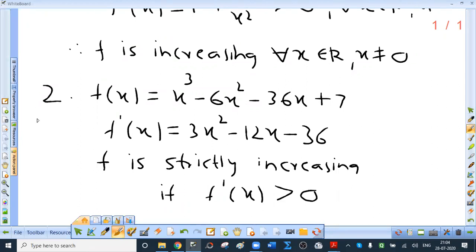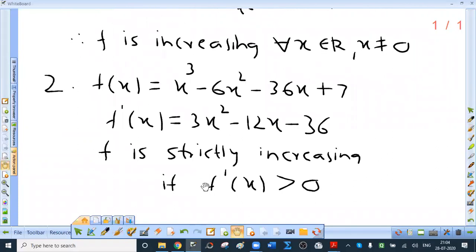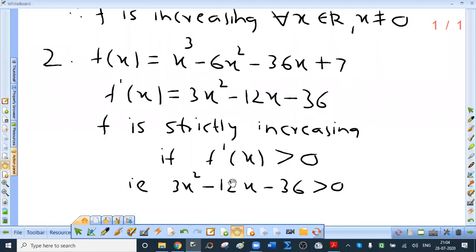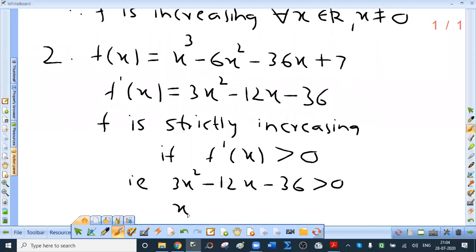So what is difficult? Derivatives? No, solving an inequation. So that is important. That is 3x square minus 12x minus 36 greater than 0. That is what? X square minus 4x minus 12 greater than 0.